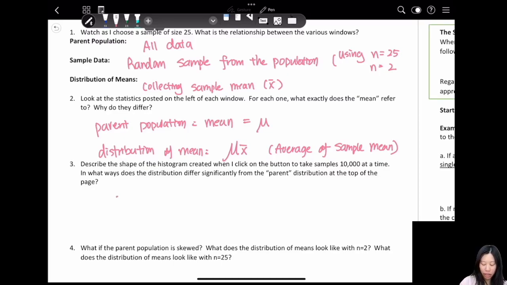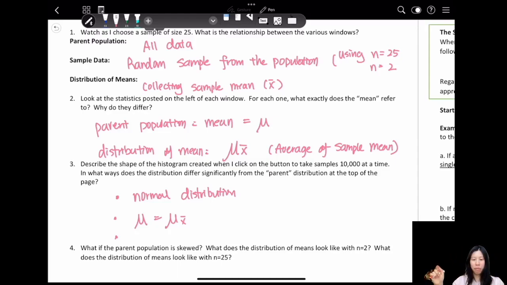So we know that when I click 10,000 times, it follows a normal distribution. And the population mean equals the sample mean. But for the standard deviation, remember in the parent function the graph is more spread out, but the third graph is less spread out, with a smaller standard deviation.